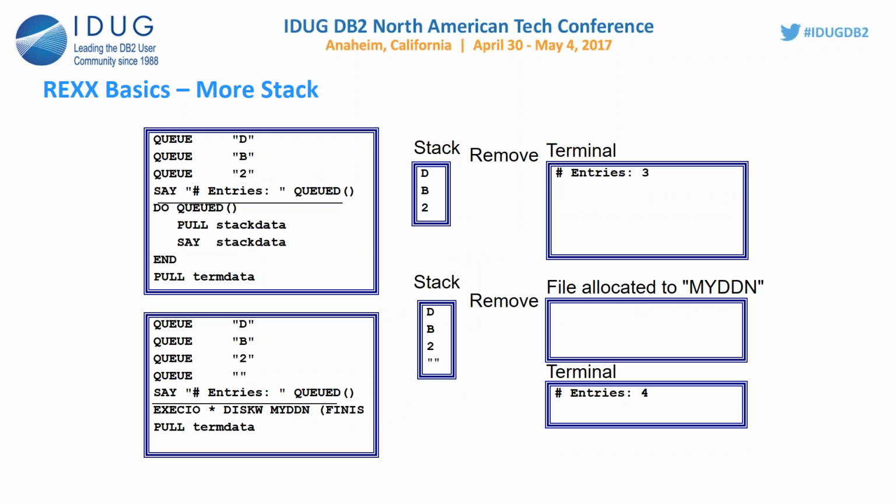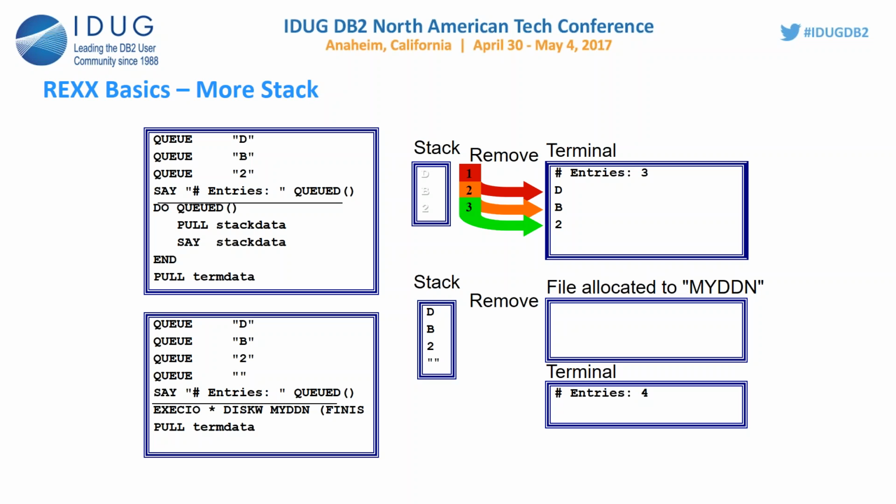Okay, when you pull things off the stack, here I queued my stuff up, and I'm pulling things off the stack now. And just saying. So say is a verb just kind of like display in COBOL. Just push it out to the terminal if you're in TSO.